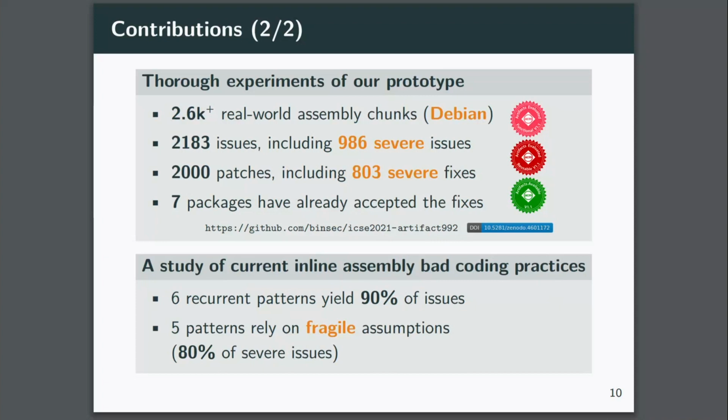And also we have provided some patches to the package developers that were already accepted and taken into account on the GitHub repositories. And at the end, we conduct studies about why we found so many compliance issues and how they can affect the current state of the code.